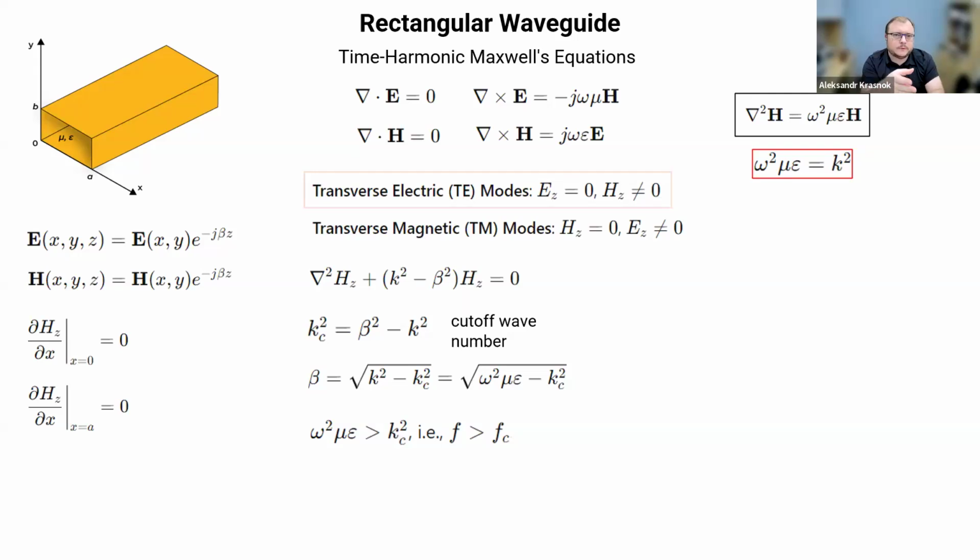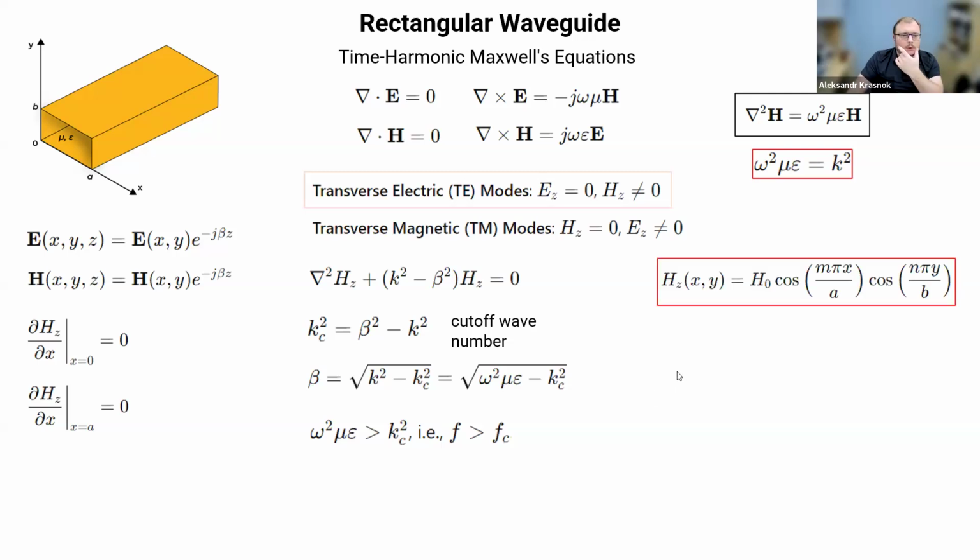Fields with frequency lower than the cutoff frequency won't propagate in this waveguide, and only fields with frequencies greater than the cutoff frequency will propagate. Okay, so skipping the bulky calculations, we just write down the final solution for the magnetic field.